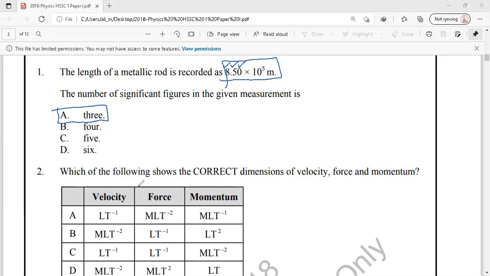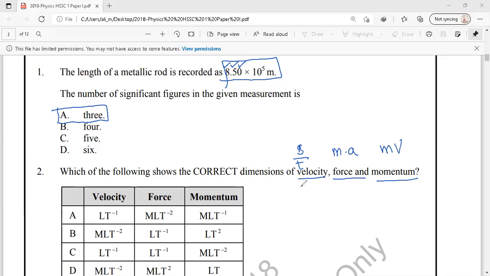Then we have question number 2. Which of the following shows the correct dimension of velocity, force, and momentum? We know that velocity is displacement over time, and the force is mass times acceleration, and momentum is mass times velocity.